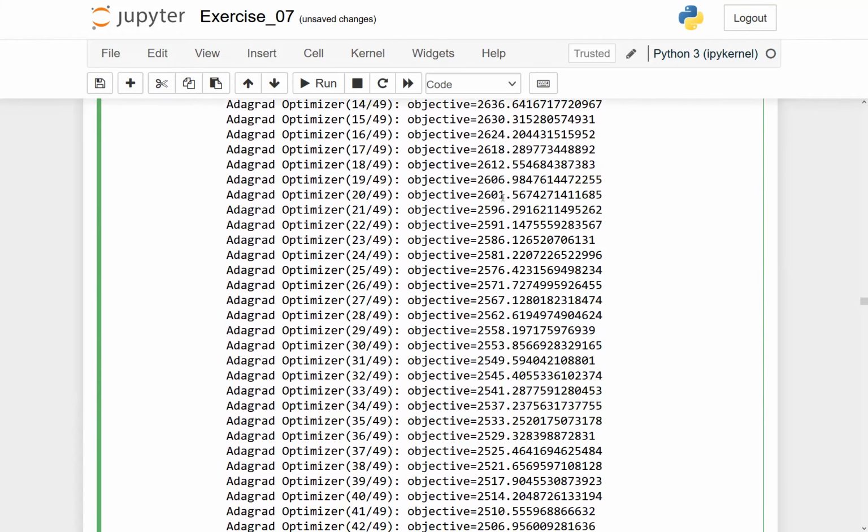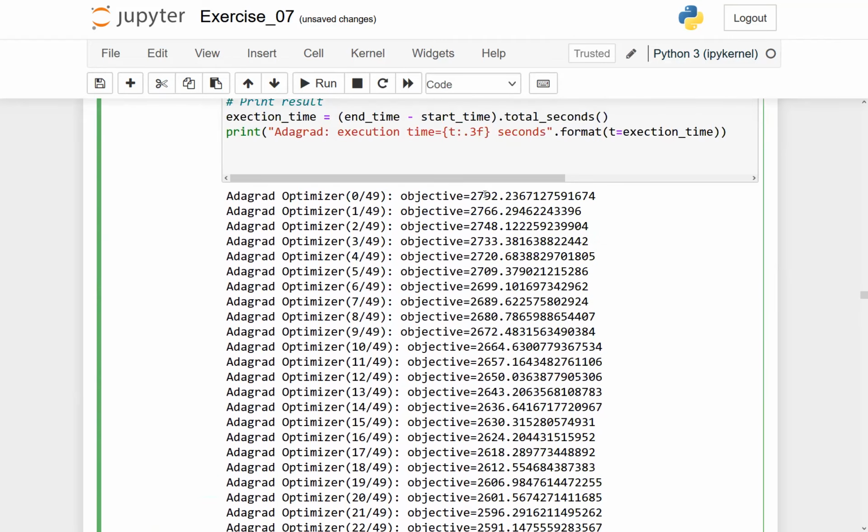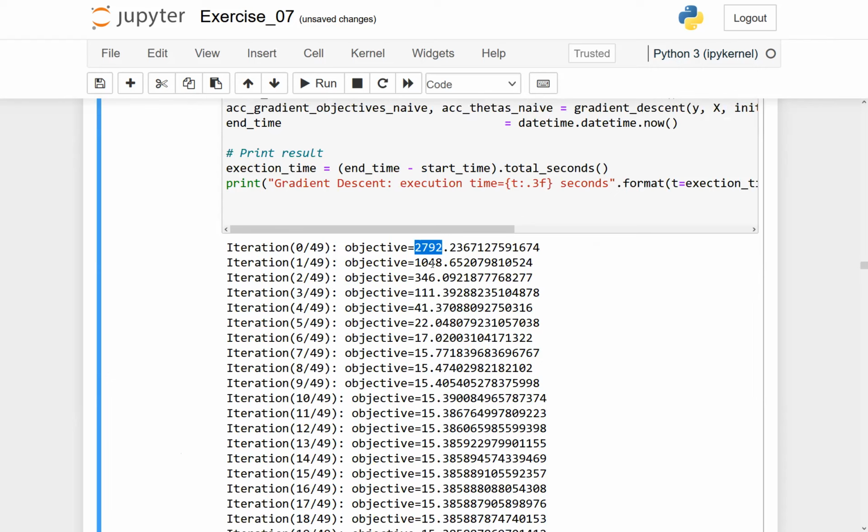A quite slow convergence. So we start with 2,700, and after 50 iterations we are at 2,400. For comparison, accelerated gradient descent starts essentially at the same value. After one iteration, it's at 1,000, and so on. And then it's 15.